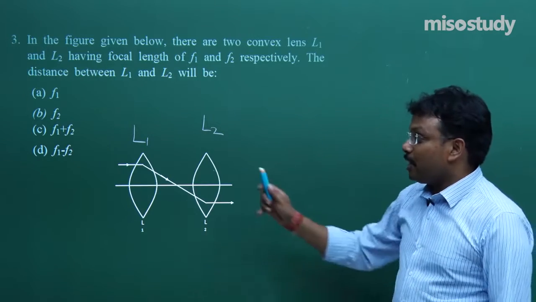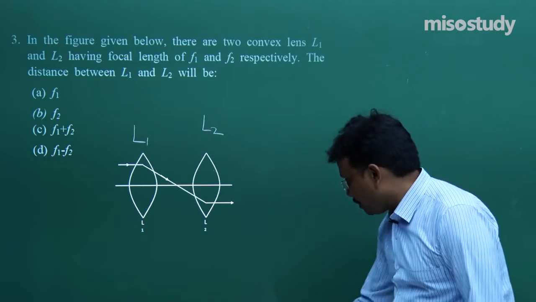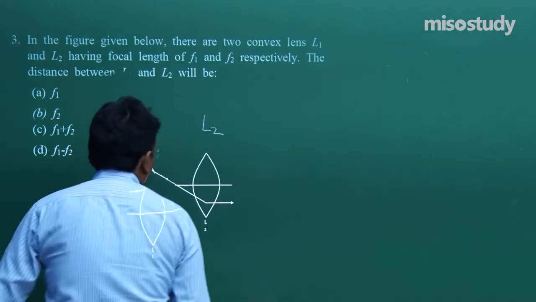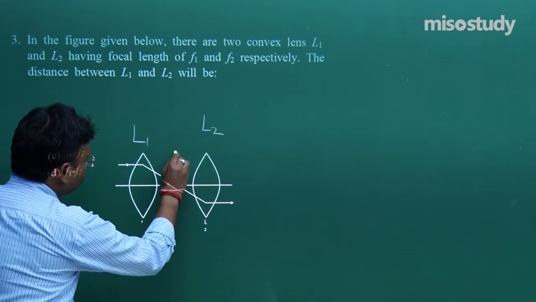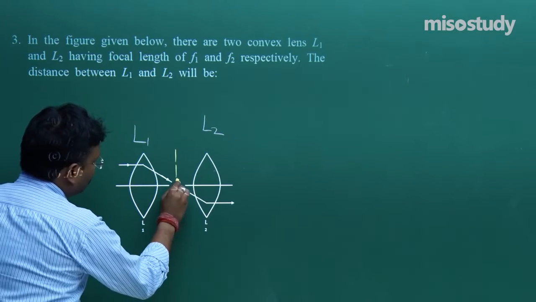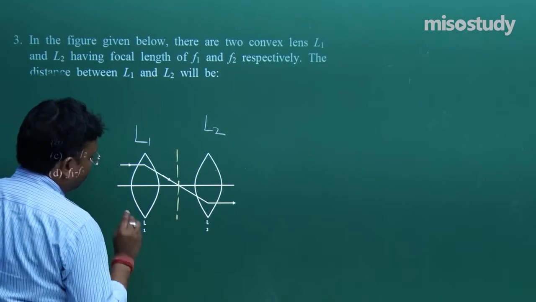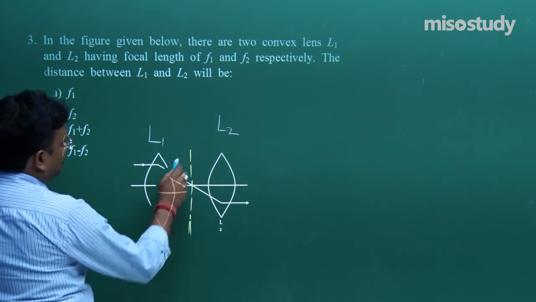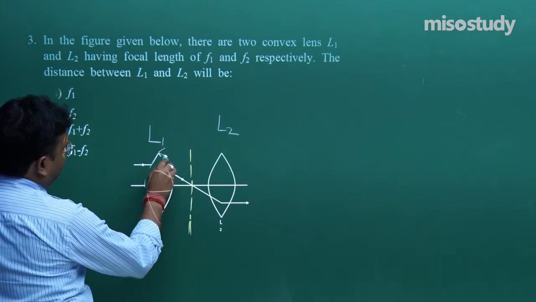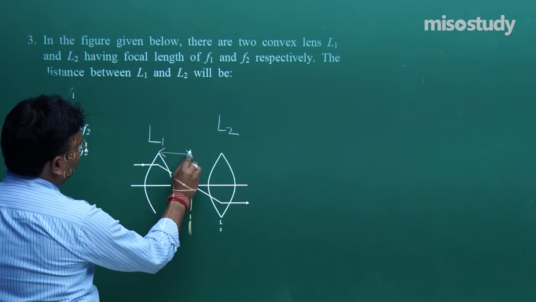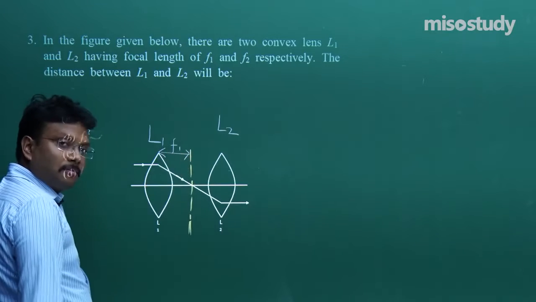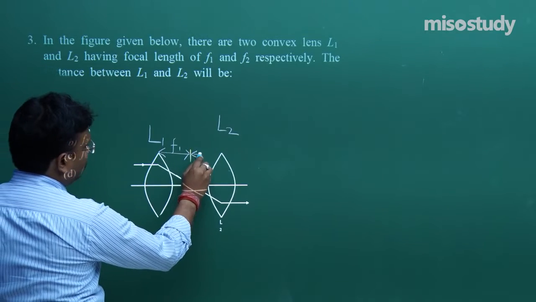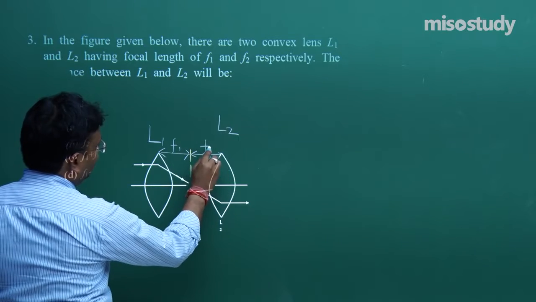So, in this particular problem, this distance is nothing but f1, and this distance is nothing but f2.